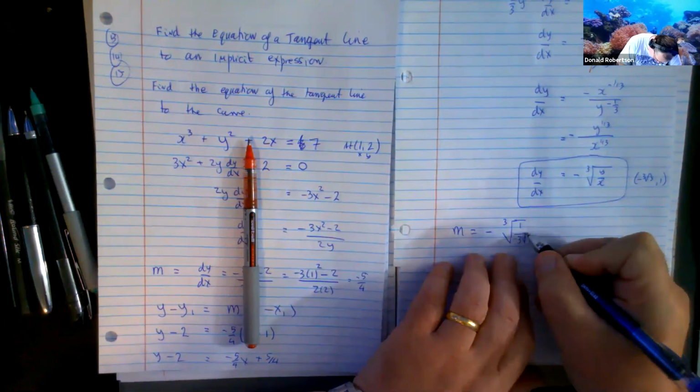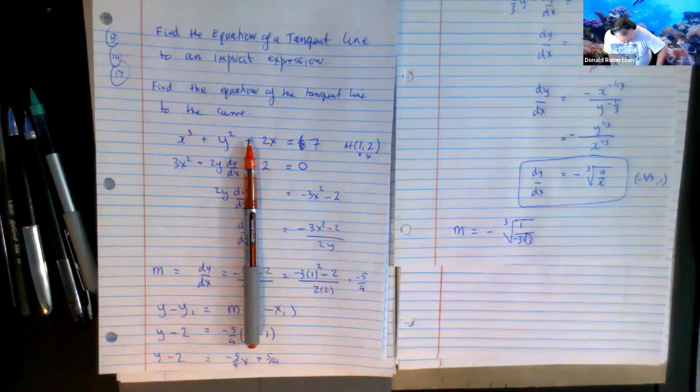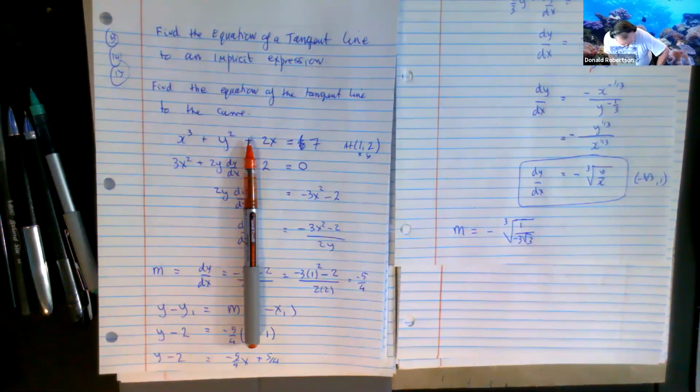Would you look at that? We're going to have to get something nice out of that number. It's the cube root of 1 over negative 3 root 3. And somehow or other, that's going to end up being at least vaguely nice. It's actually not as bad as it looks.